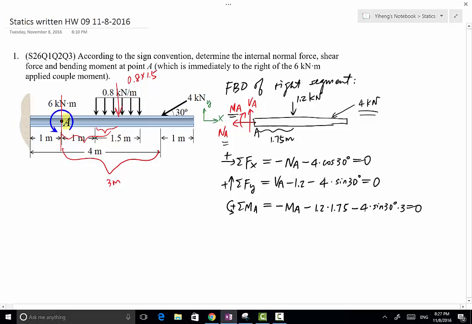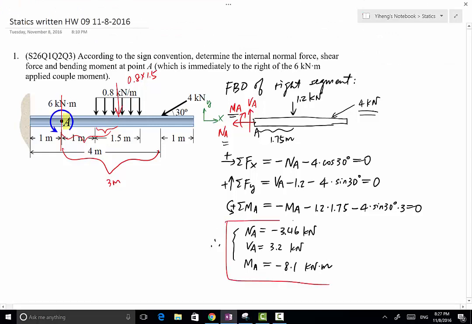So now 3 equations, 3 unknowns. We can solve for all of them. NA equals negative 3.46 kilonewton. VA equals 3.2 kilonewton. And lastly, the bending moment MA equals negative 8.1 kilonewton meter. And let's solve this problem.